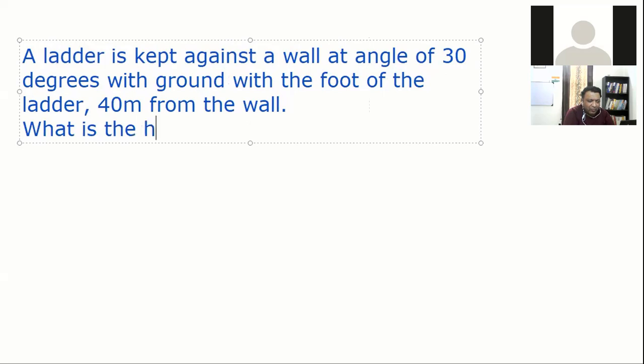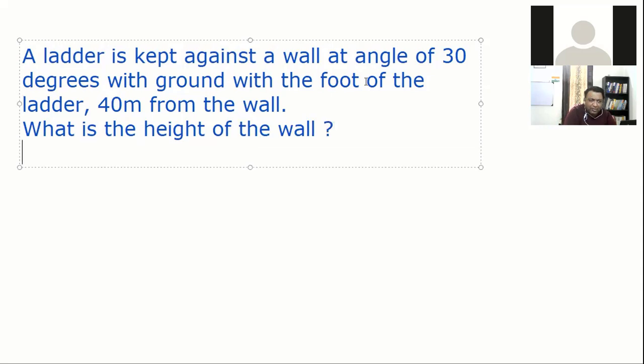What is the height of the wall, up to the top of the ladder? How do you solve this? Write your answer in the chat. I'll ask one of you to explain.